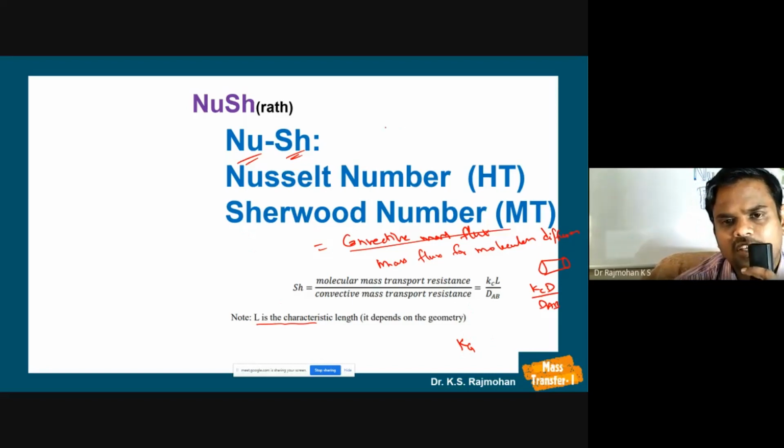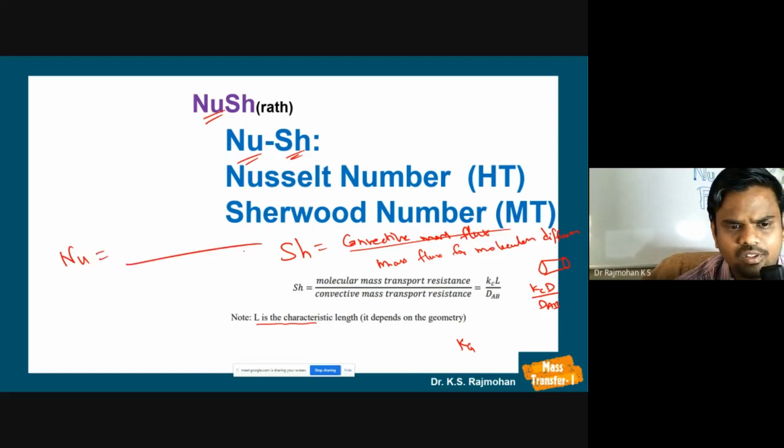What is its heat transfer equivalent? I told you that is Nash. Nu is the Nusselt number. The Sherwood number is convective mass flux divided by mass flux for molecular diffusion. Then the equivalent for the Nusselt number is convective heat flux divided by heat flux for conduction.